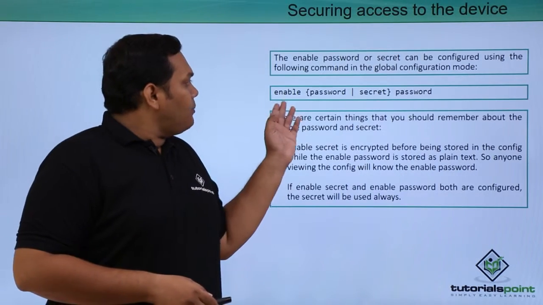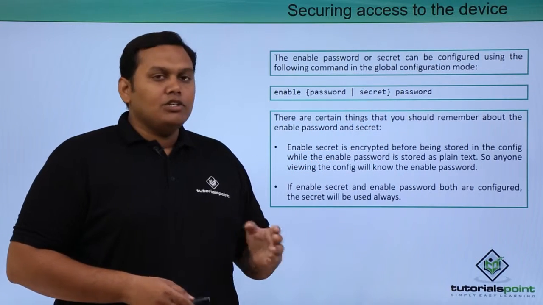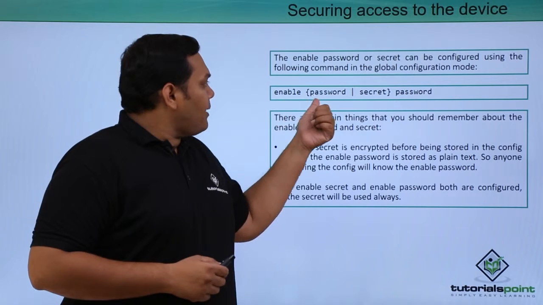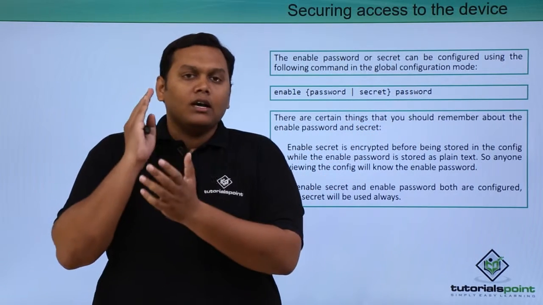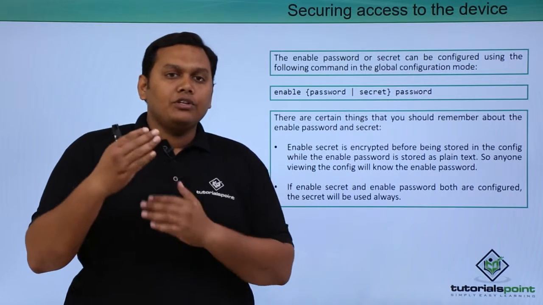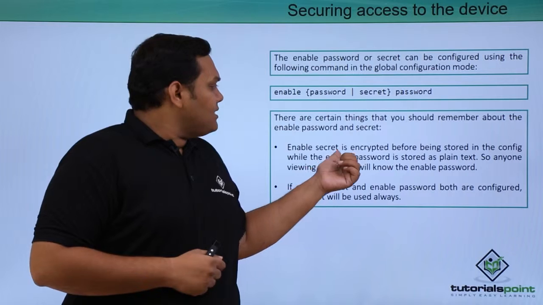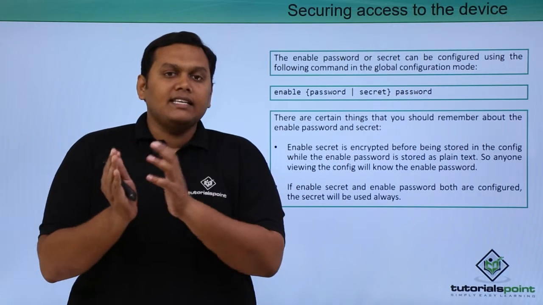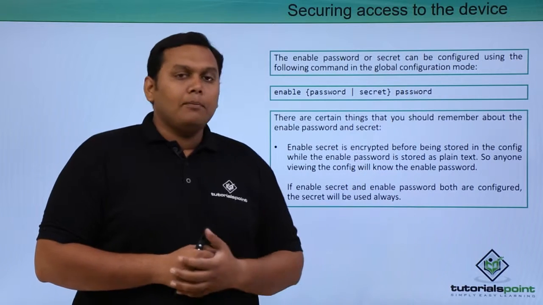You see here: enable password | secret, then the password details. When you enter enable password or secret, you have to enter the password. Before configuring this password, you need to keep certain things in mind: enable secret is encrypted before it is saved in the configuration file, but enable password is stored as plain text.